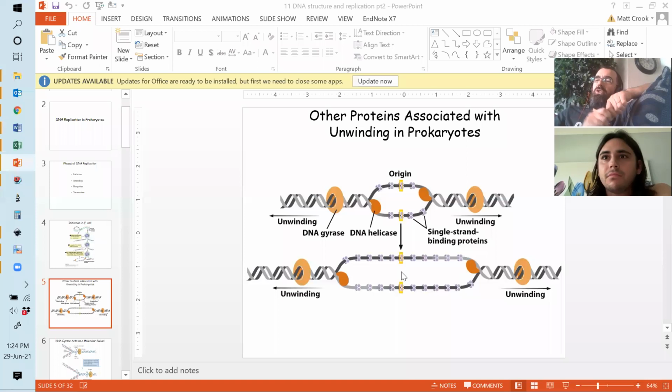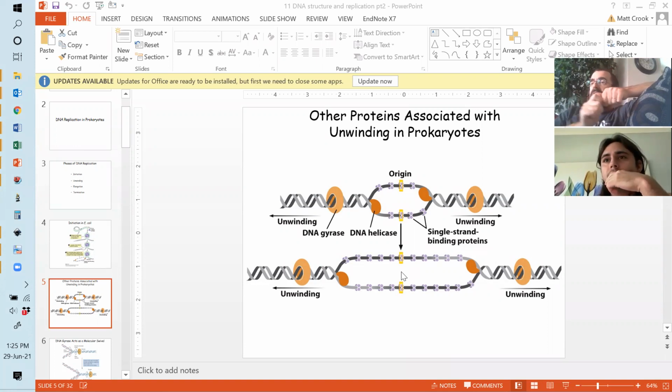So what happens when you try and uncoil something that's coiled, be it rope, be it DNA, whatever, is that by uncoiling it in one part, you coil it more in another part. You could just go and try this. Find yourself a bit of rope that's not being used to hold something important up and try to unwind it by forcing a nail or a pencil down it.